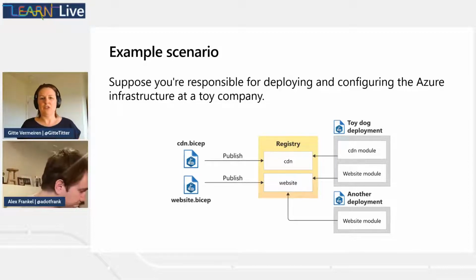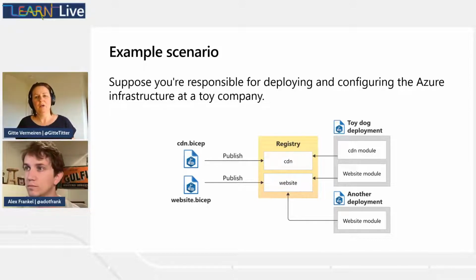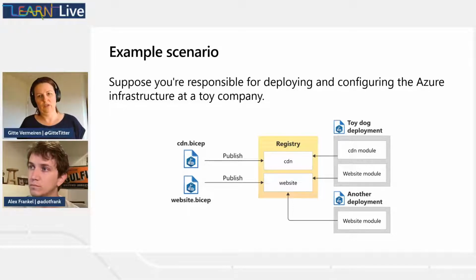But now they have another toy and another team that also wants to deploy the same components, the same website and CDN. They want to reuse the effort that was done by the first team. The first team modularized, so they created a module for the website and the CDN, but now they want to reuse those modules.